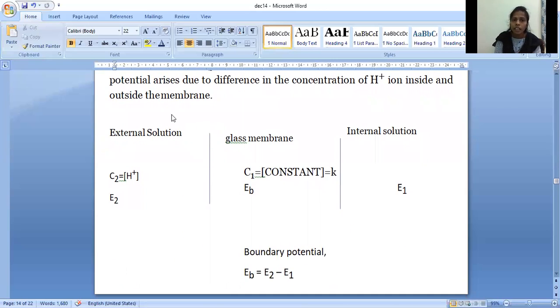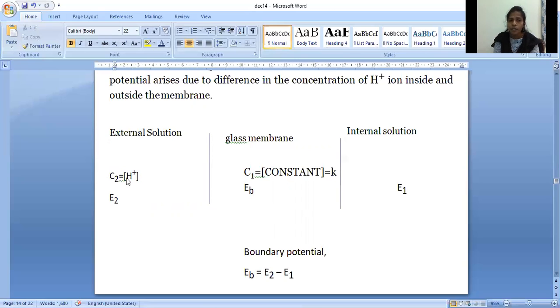See here the external solution. Where is the external solution? The external solution is present in the beaker. In this beaker we are dipping the glass electrode. The external solution concentration we assume as C2, and C2 is the unknown H plus ion concentration.